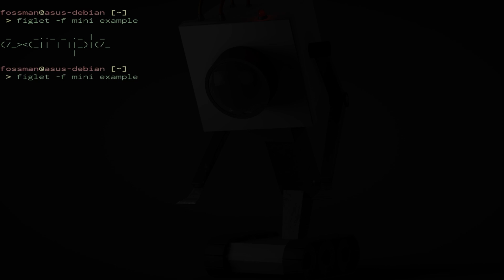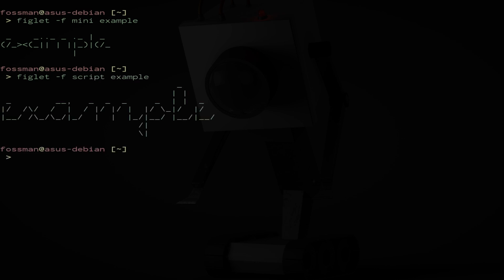So we'll just say figlet -f, and then whatever font you want to use. I think I'll just use mini for this one and say example. Yeah, and there's the example in that mini font. And maybe I'll just try one other font here, maybe script. Yeah, and there's the output in the script font.